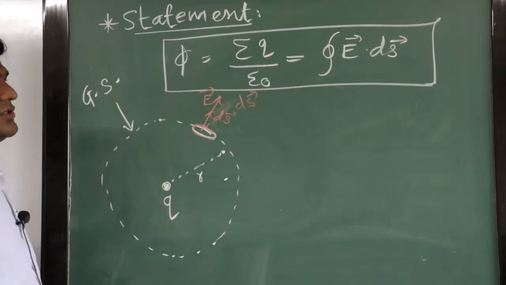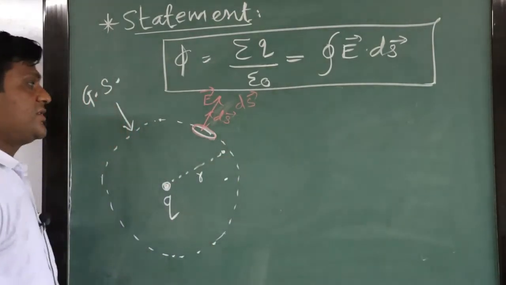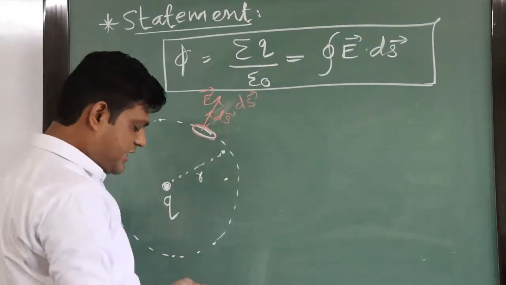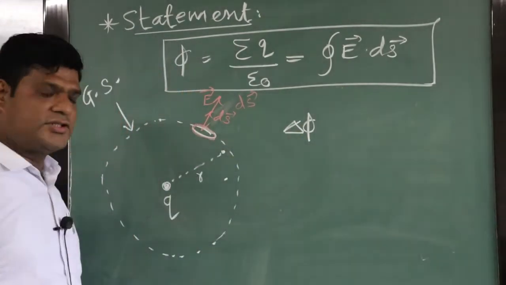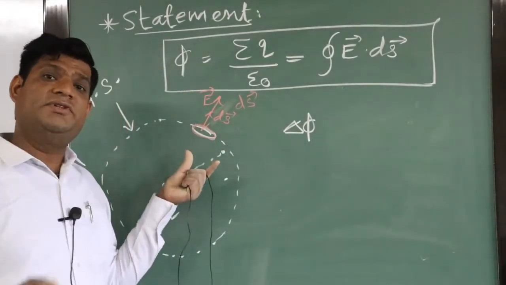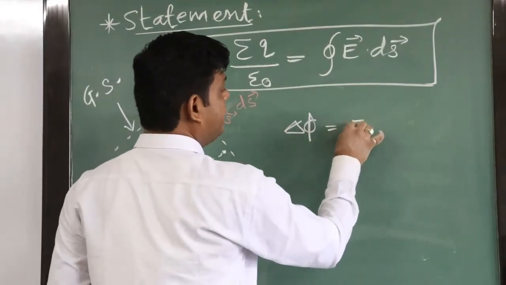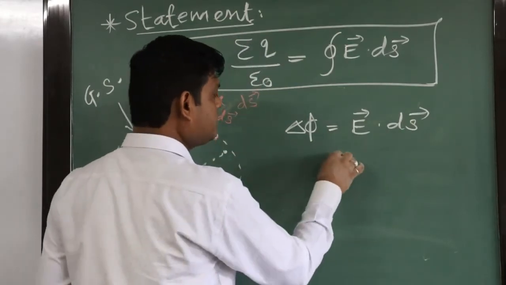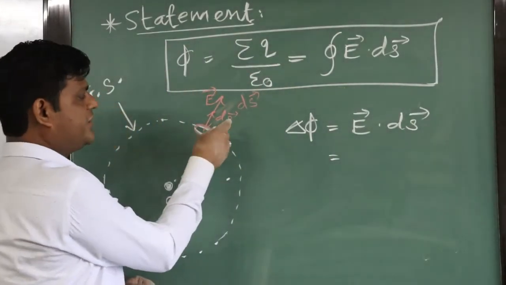So using the Gauss law, what we can write? Suppose d phi is the electric flux associated with the small area, right? So d phi equal to what? E vector dot ds vector, right? What is ds vector?